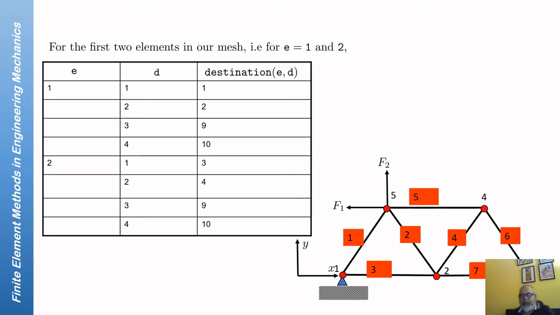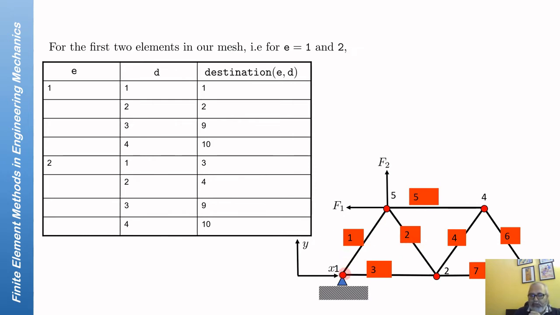Let us now look at the destination arrays for our mesh and assemble things for, let's say, element numbers 1 and 2. So the assembly will go one by one. First element number 1 will be assembled, 2 will be assembled, 3, and so on. So let's just do it for 1 and 2.